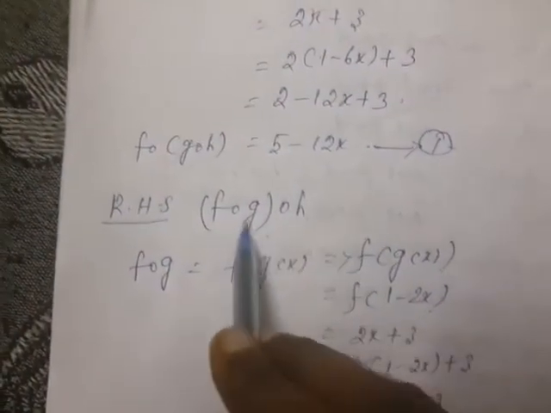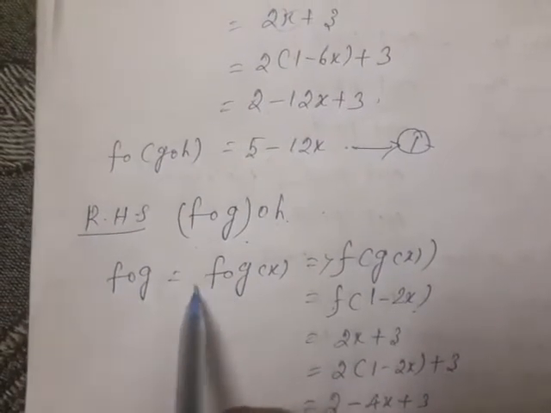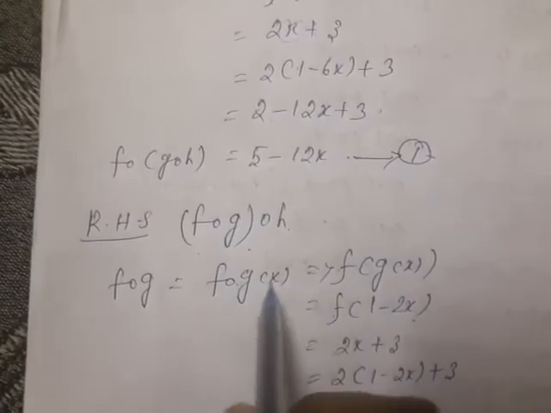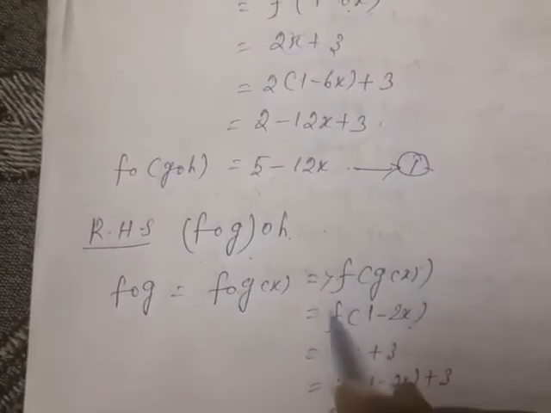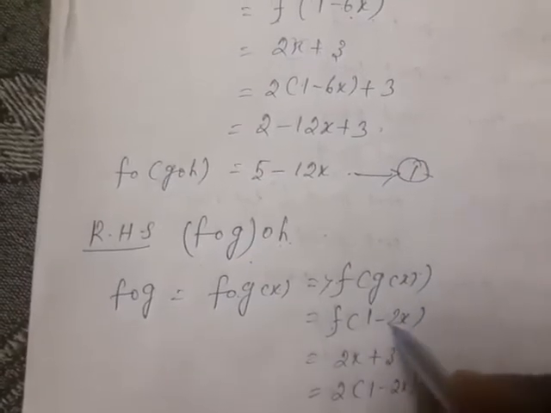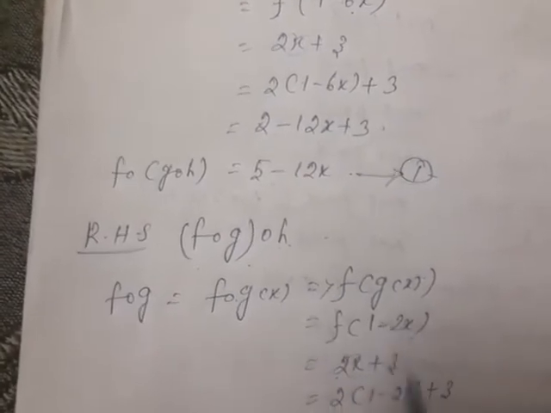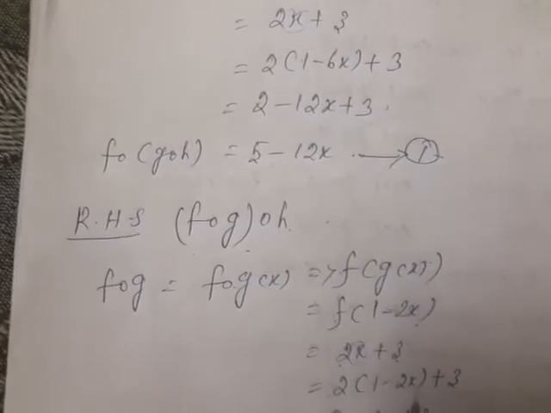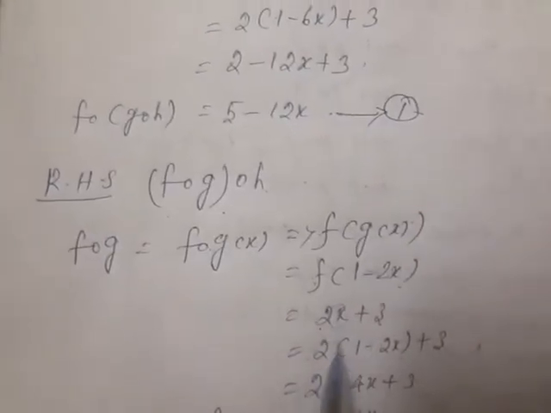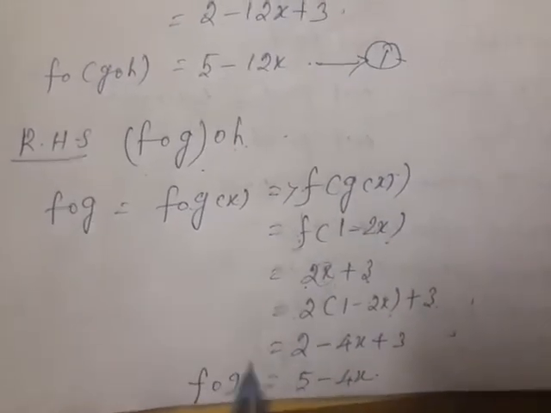Again I will explain. On the right hand side, first I substitute f composite g. F composite g of x means f of g of x. G of x is 1 minus 2x. F of x is 2x plus 3, so instead of x I substitute 1 minus 2x. 2 into (1 minus 2x) plus 3, so 2 minus 4x plus 3, which is 5 minus 4x. This is f composite g.